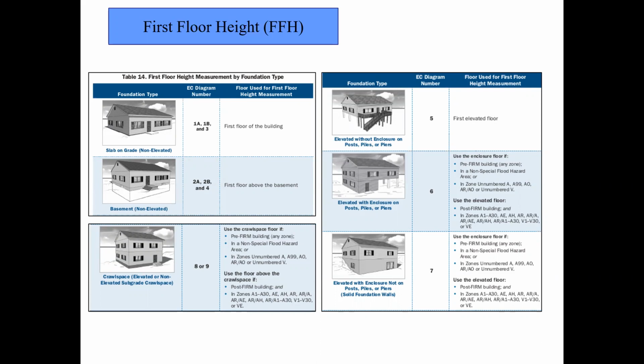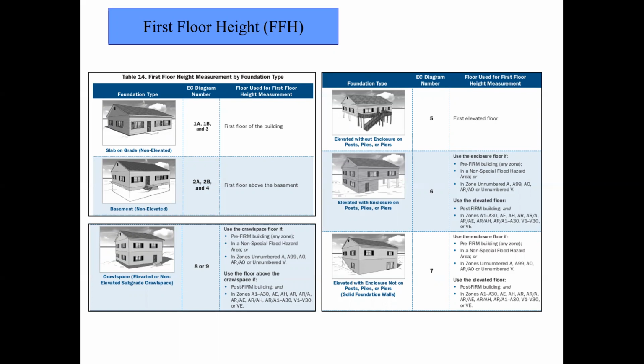They're going to use the floor of the enclosure if it's a pre-FIRM building in any zone, or if it's not in a special flood hazard area, if it's in an approximate floodplain, such as an unnumbered A zone, A99, or an AO zone, AR/AO, or an unnumbered V zone.